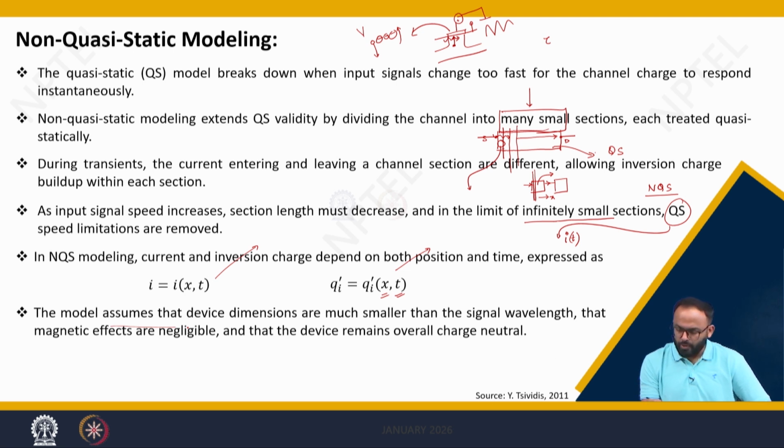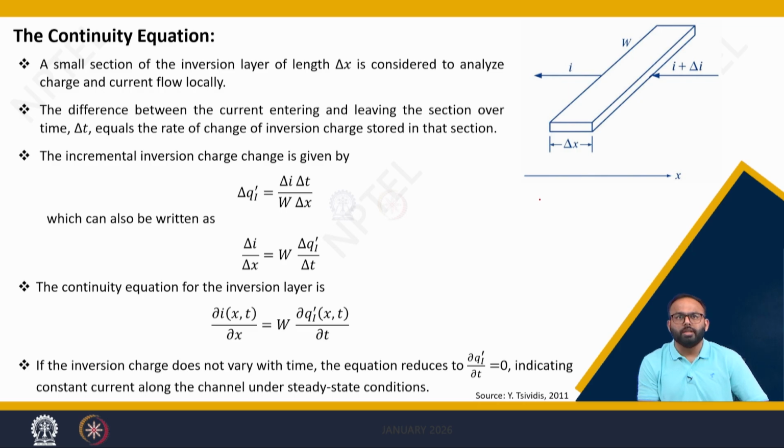Now let's see how we can connect these two sections using the continuity equation. Let us consider a small chunk of inversion charge of length delta x. Here the total charge entering from this side is (I plus delta I) into t, and after the delta x section the total charge leaving is I delta t.